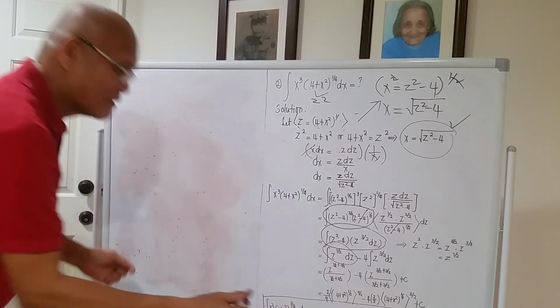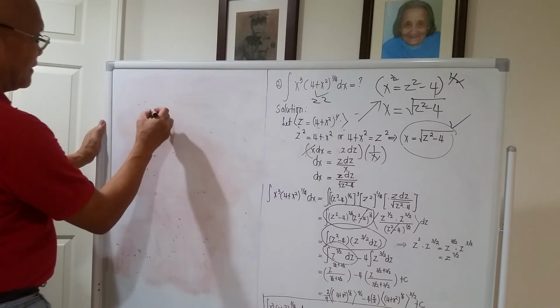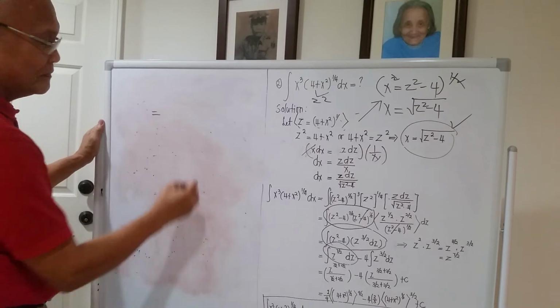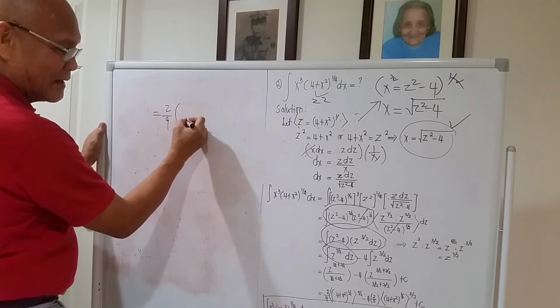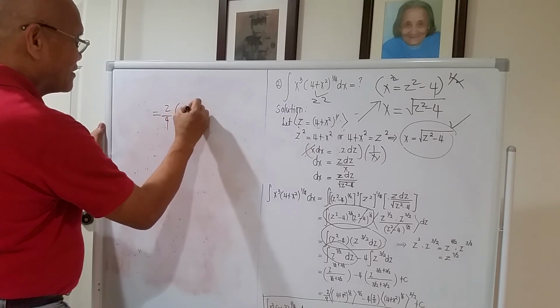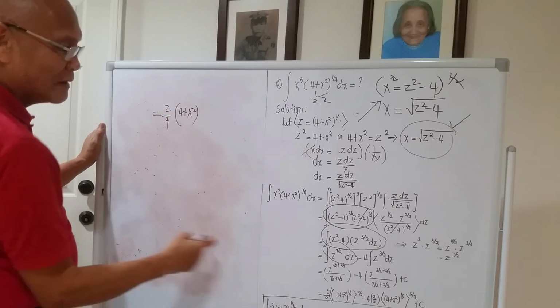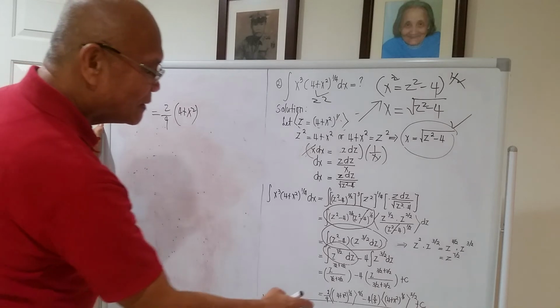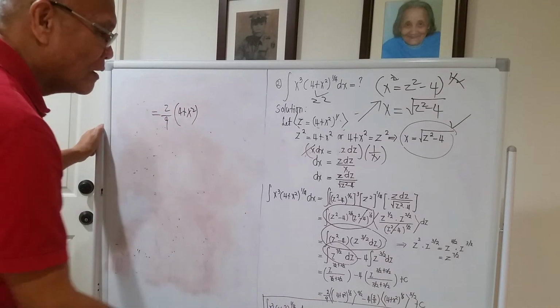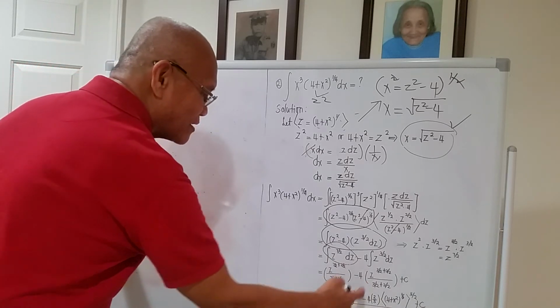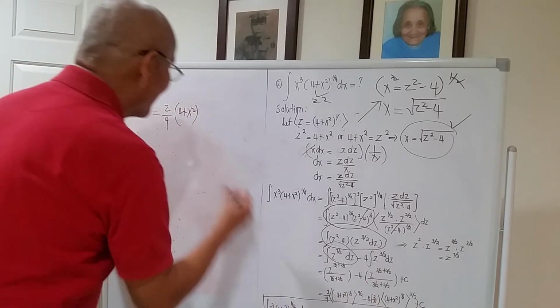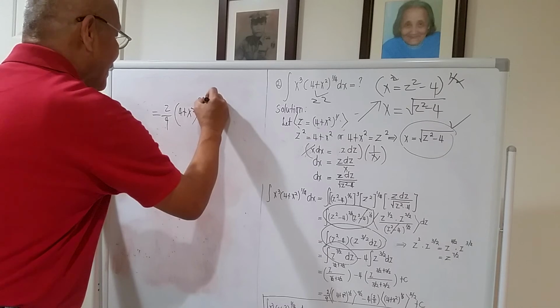I think you cannot see the bottom portions. So the final answer for this should be 2 over 9, times 4 plus x squared raised to the 1/2 times 9 over 2, which is 9 times 1 is 9, 2 times 2 is 4, so this is raised to the 9/4.